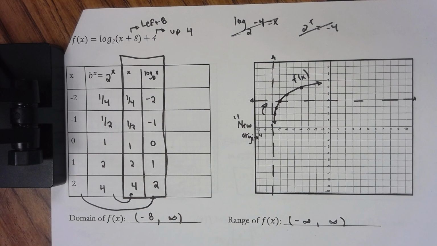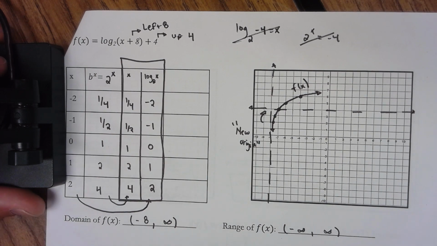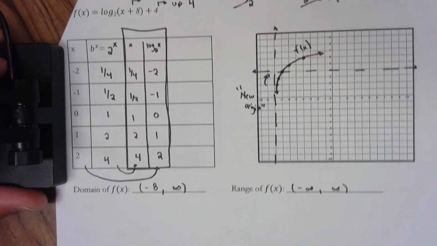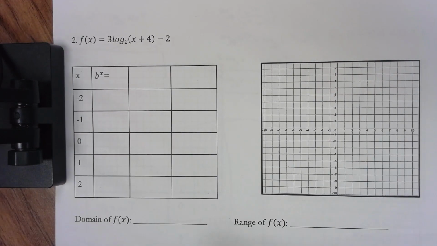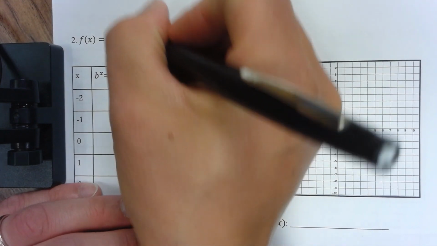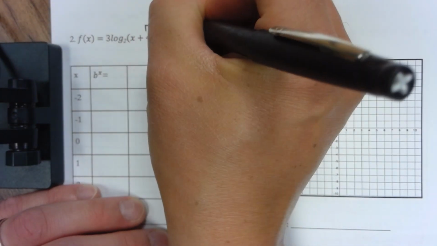Okay, well, let's switch it up and add one more transformation to this. And I'm going to have you all do a couple on your own. Number 2. Let's identify our shifts. So we're taking every point and it's going to get shifted left 4.